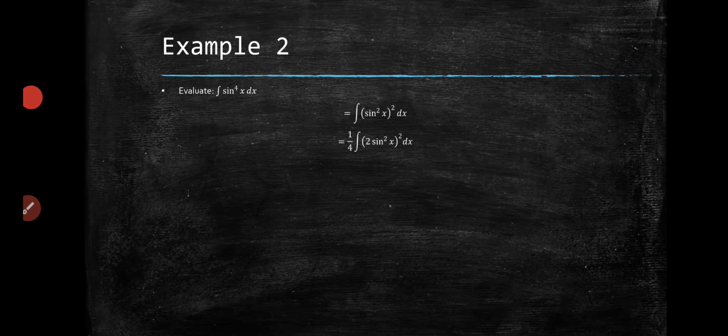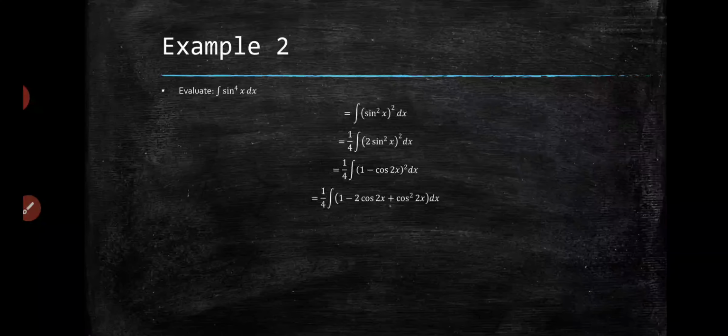Now 2 is multiplied inside the square, which means I have to divide by 4 outside. So 1 by 4 is outside the integration and 2 is multiplied inside. So 2 sin square x can be written as 1 minus cos 2x, and I have a whole square, so let me square it out. I get 1 minus 2 cos 2x plus cos square 2x.